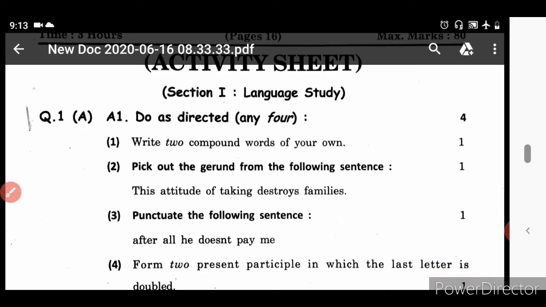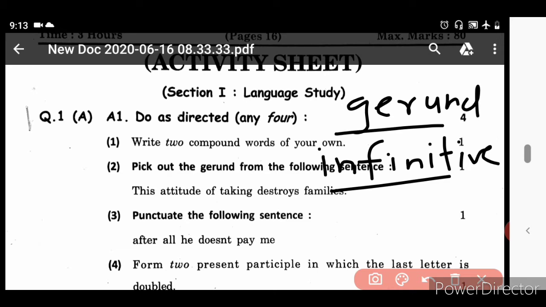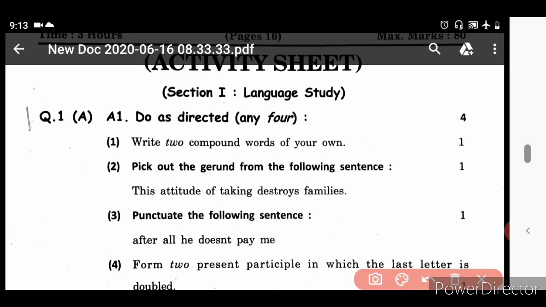You can note that gerund and infinitive are very important topics in this question paper. Sometimes they ask for the infinitive, so you have to learn gerund and infinitive.